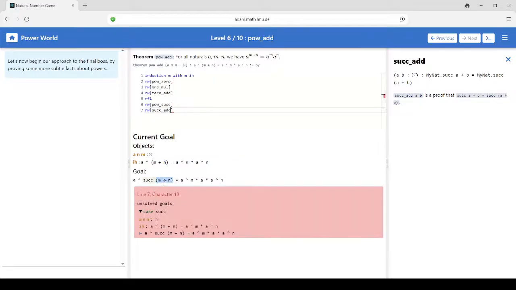The successor of m plus n. We're close to that.